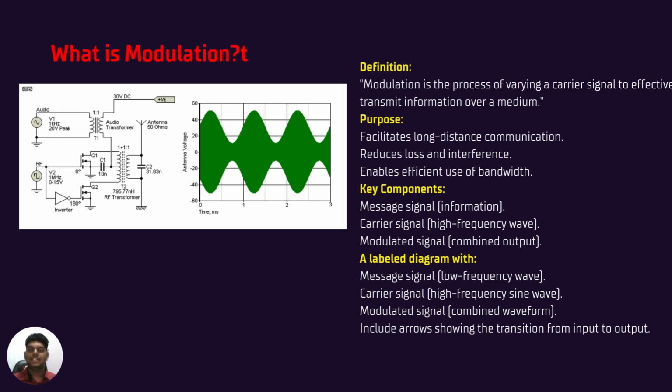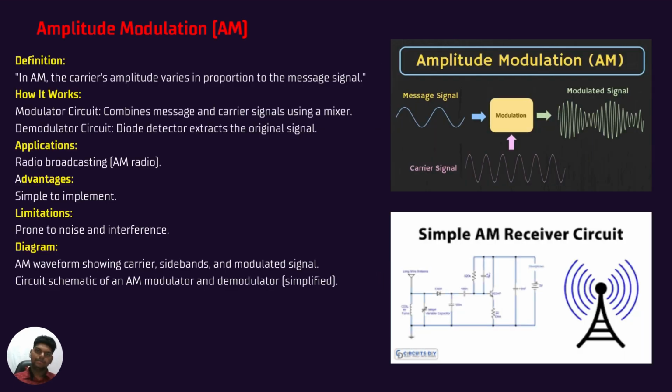This ensures that the signal can travel long distances with minimal loss and interference. Essentially, it is the technique that allows us to transmit data effectively over a communication medium, whether that's a wire, radio wave, or even fiber optics.